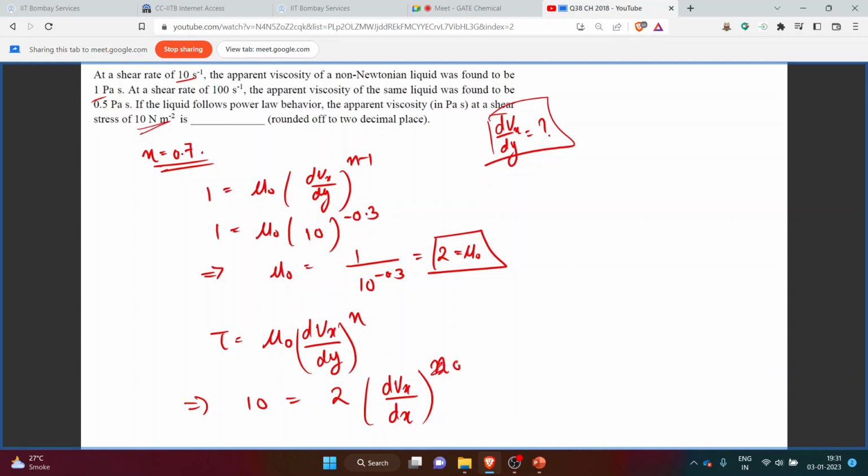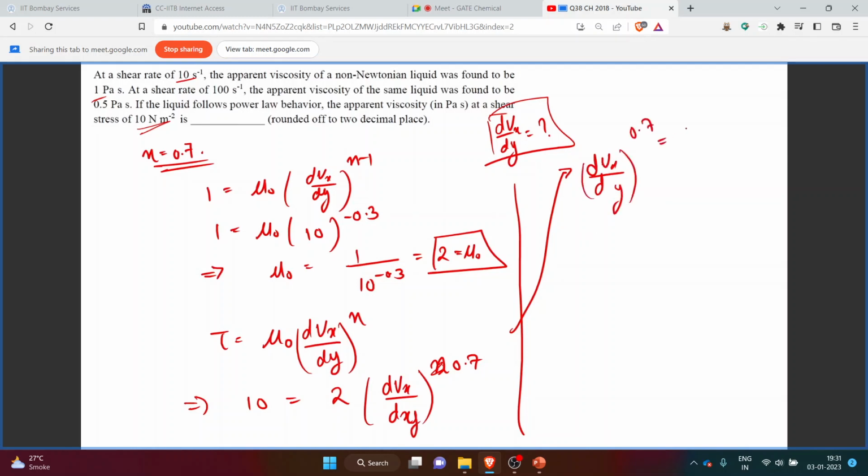So the value of n is already 0.7. Using this, the value of dvx by dy raised to 0.7 will be 10 upon 2, which is equal to 5. So dvx by dy will be 5 raised to 1/0.7, and we can solve this and find that the strain rate will be 9.966.